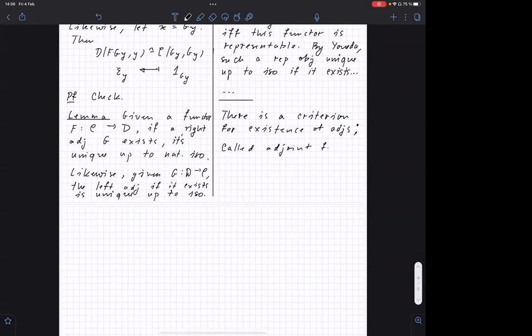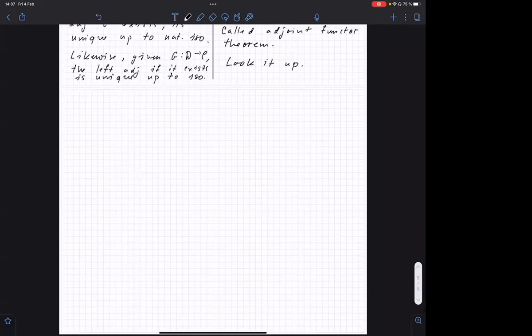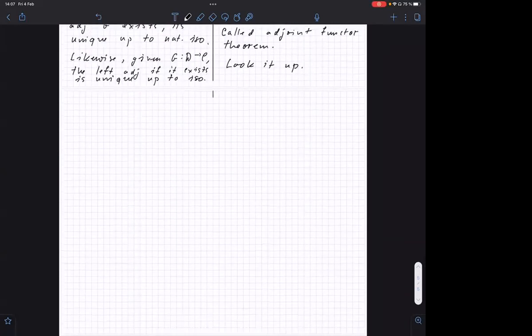And what it says is that under some additional hypotheses, certain necessary conditions for the existence of an adjoint are sufficient. So you can look this up if you want. What we're going to talk about now is at least what are those necessary conditions.